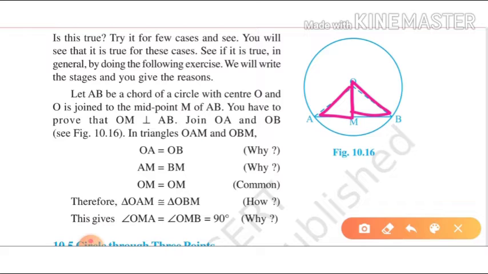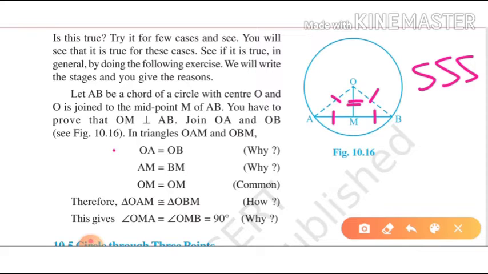Then this side is equal to this side, radii of the same circle. Then this side is common, and AM equals BM, so by SSS they are congruent.